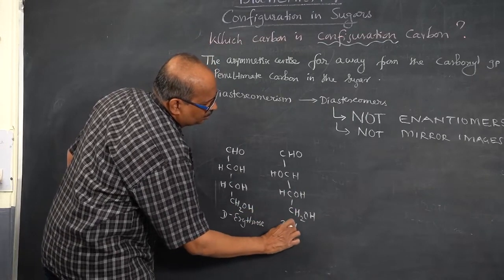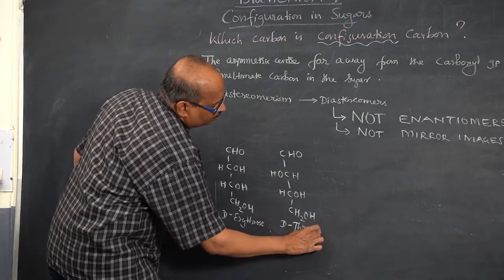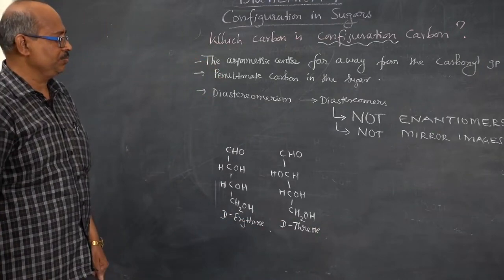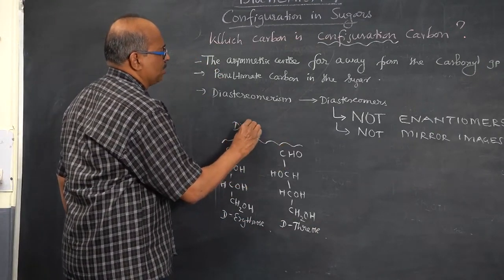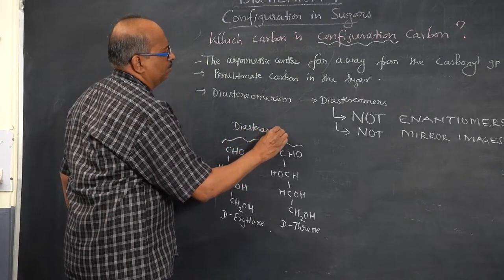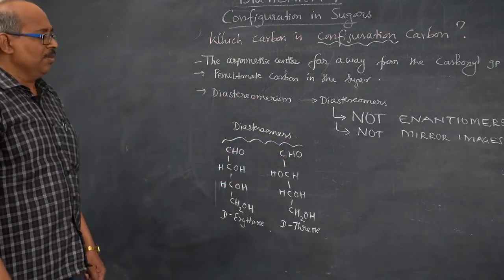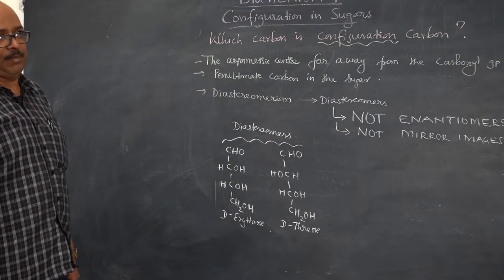This is D-threose. These two are diastereomers, but they are not mirror images.